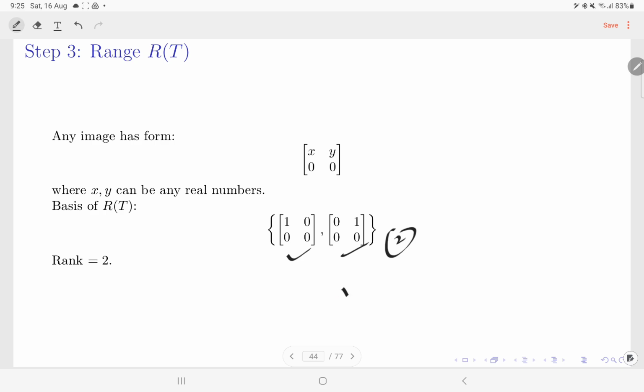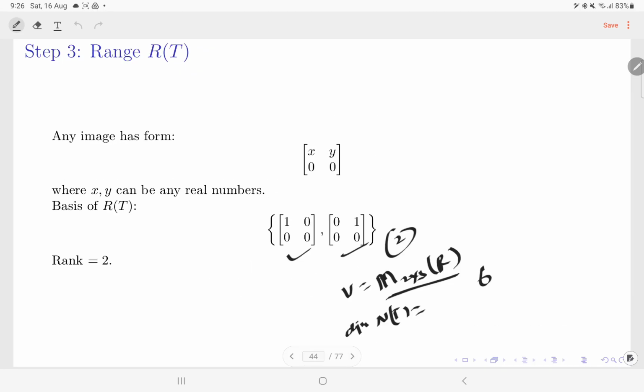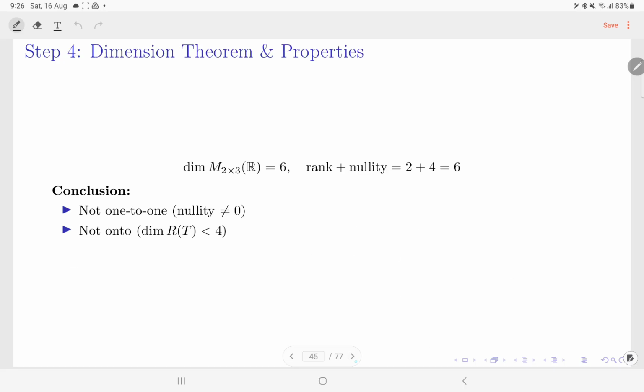What is the dimension of V, which was given as M2 cross 3 over R? The dimension of this is 6. And the dimension of null T was 4, and rank of T is 2, that means 6, which verifies your rank nullity theorem.